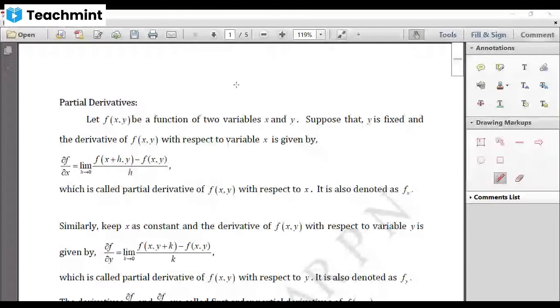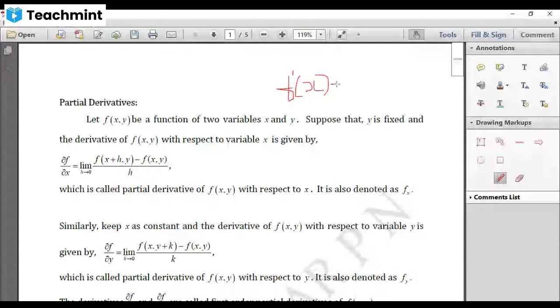For example, what is the derivative of f of x? You know that it is given by f dash of x. What is f dash of x?